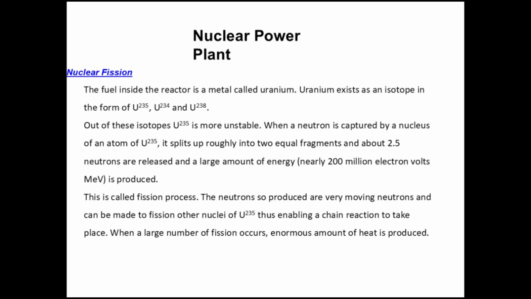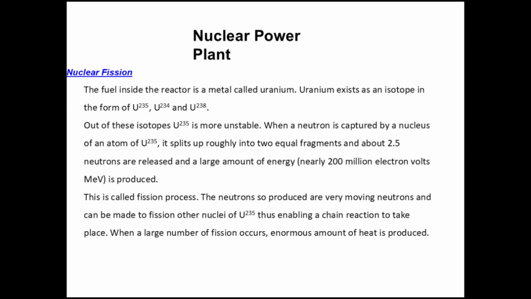When a neutron is captured by the nucleus of an atom of uranium 235, it splits roughly into two equal fragments, about 2.5 neutrons are released and a large amount of energy is produced. That is, nearly 200 million electron volts is produced. This is called the fission process.